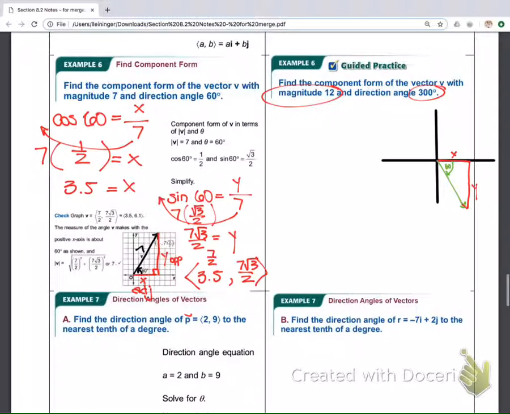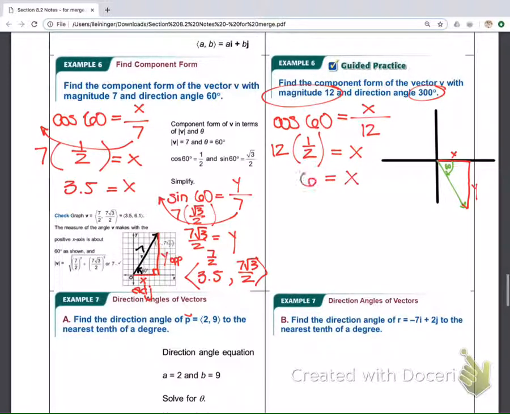So just like before, x is the adjacent side, so I'm going to use what? Okay, I'm going to use cosine of 60 is equal to x over 12 this time. When I multiply the 12 over and plug in the 1/2 for the cosine of 60, what do I get for my x component? 6.